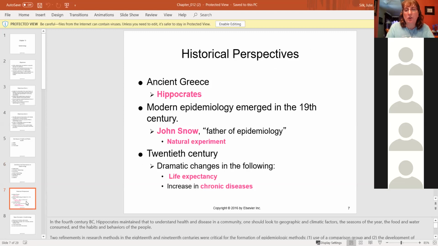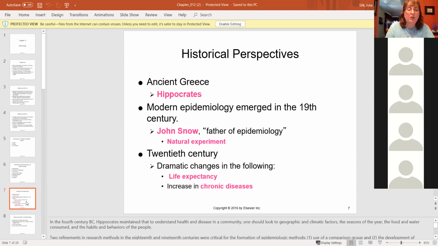Okay, so this gets into a little history again. It says back in the 4th century, Hippocrates maintained that to understand health and disease in a community, one should look to geographic and climate factors, the seasons of the year, the food, the water consumed, and the habits and behaviors of the people.